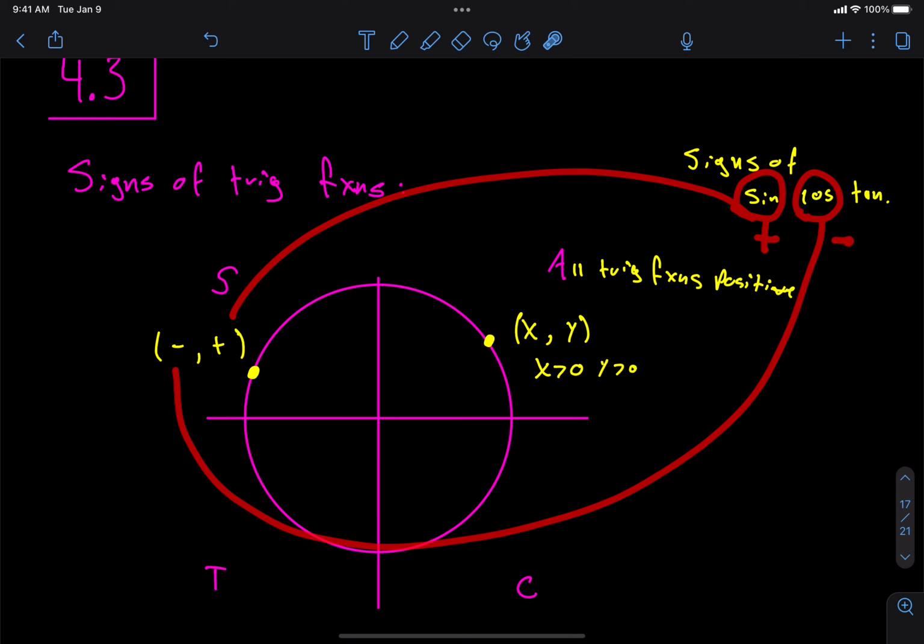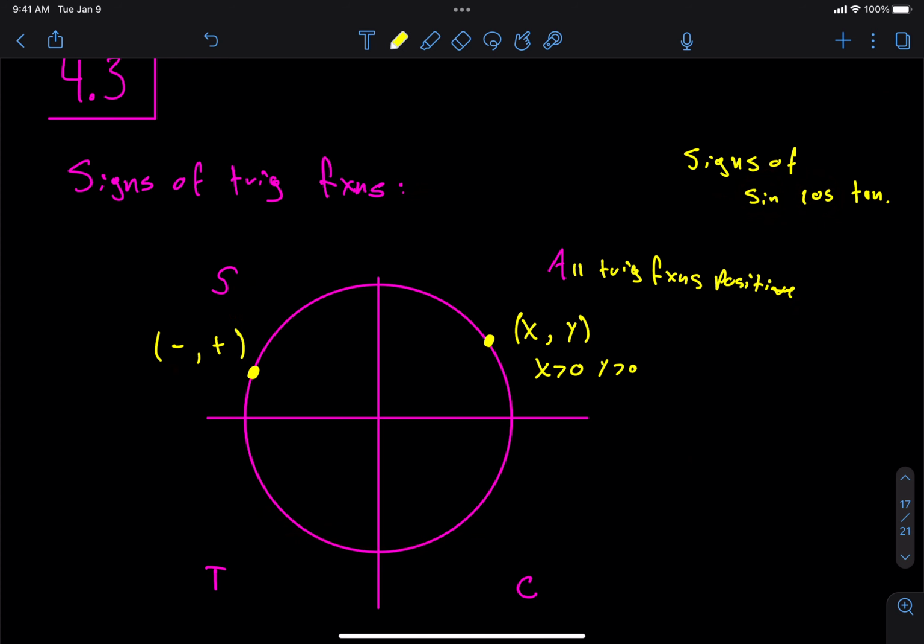How about tangent? Why is tangent going to be negative? Yeah, because one of them is negative. If I take a positive number, aka the y value, or the sine, and I divide it by a negative number, aka the x value, then I'm going to get a negative number.